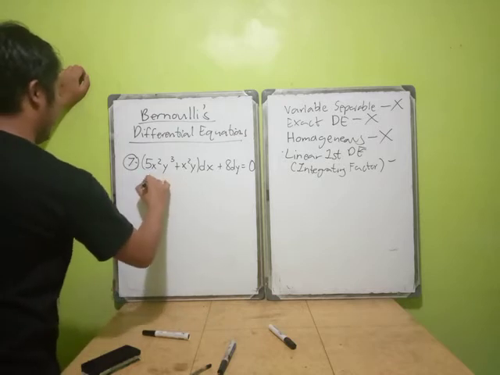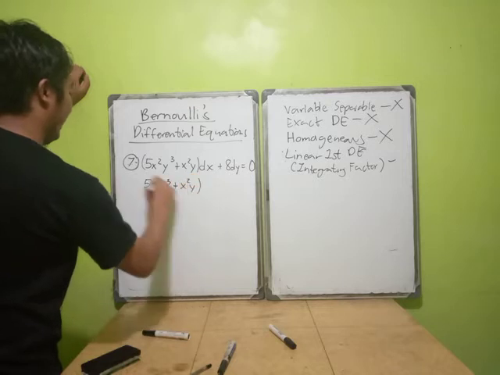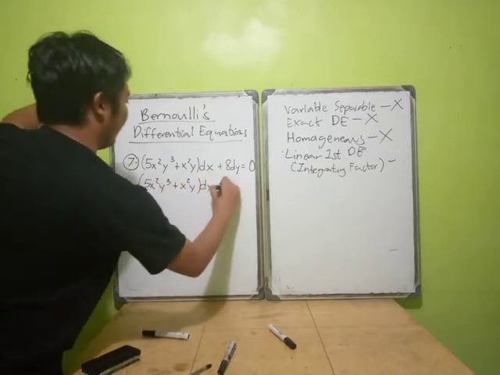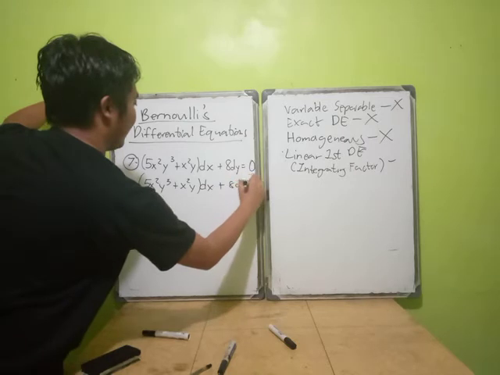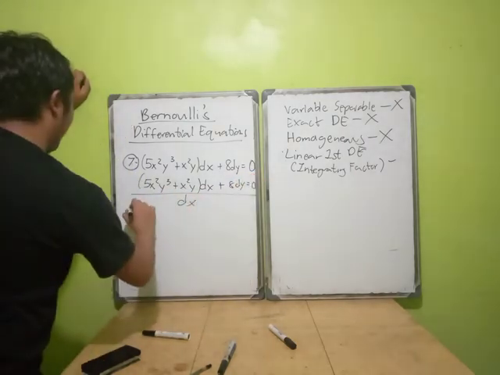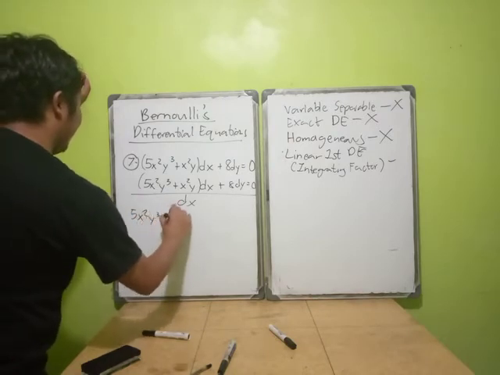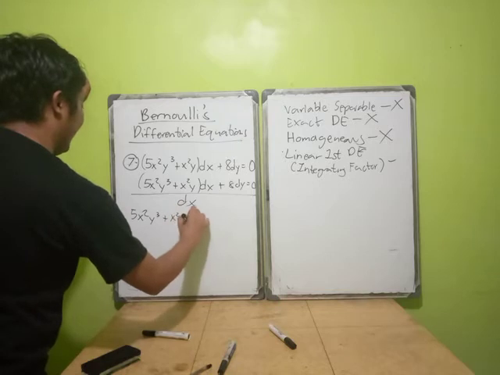Okay, so, i-divide natin ito ng dx, lahat sila, para magkaroon ng dy. So, dy over dx, so 5x squared y cubed plus x squared y.